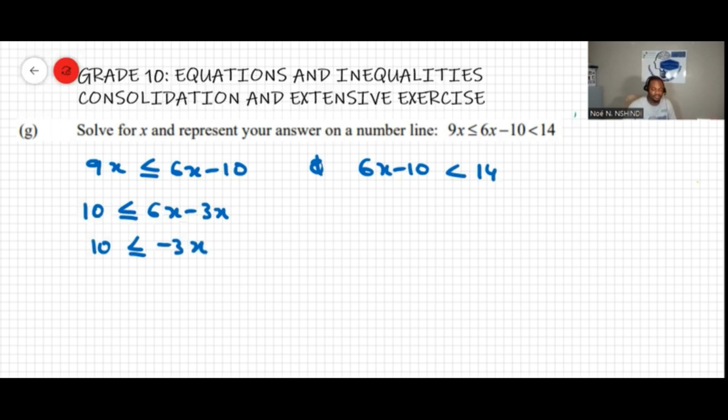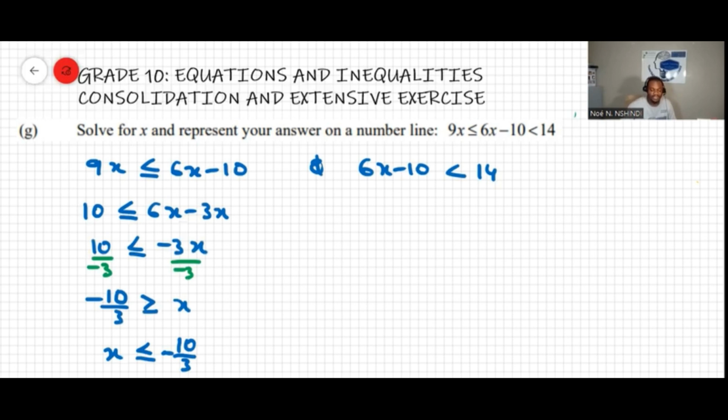If I divide both sides by negative 3, this becomes negative 10 over 3 is greater than or equal to x, or x is lesser than or equal to negative 10 over 3. That's one side.